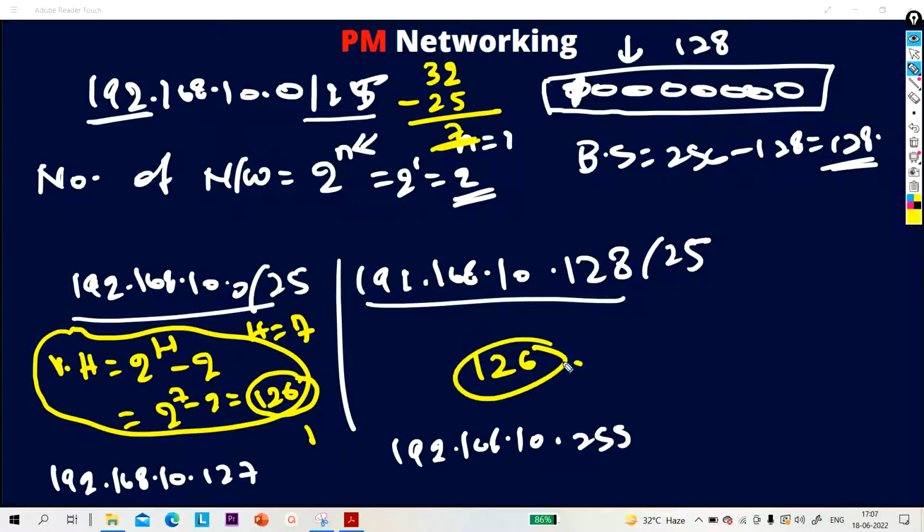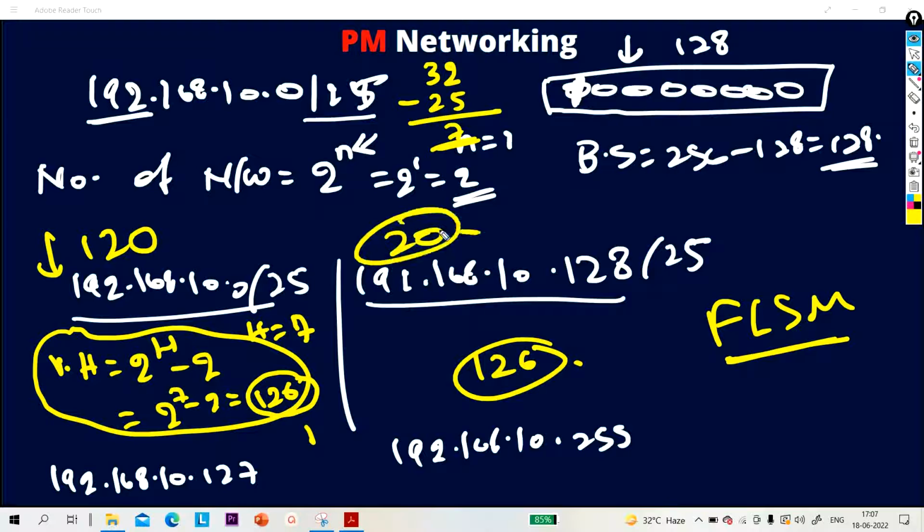So you can see, guys, the length of my networks is the same. The length of both networks is the same. So this is FLSM, fixed length subnet masking, right? It means the length of all my networks is equal. Now if my requirement is different, if I want that in my first network there can be 120 users and in the second network there can be only 20 users, right?